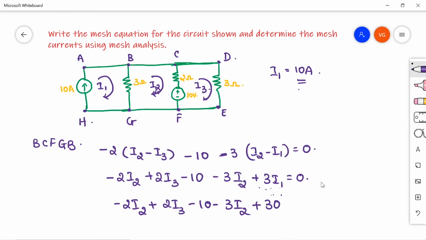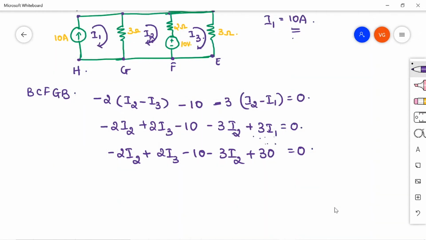I1 is 10, no? So is equal to 0. So I have two I2 terms. Let us simplify this. Minus 2I2 and minus 3I2, that is nothing but minus 5I2 plus 2I3 plus 20 is equal to 0. So I am taking it to the other side: minus 20. Let us call this the first equation.